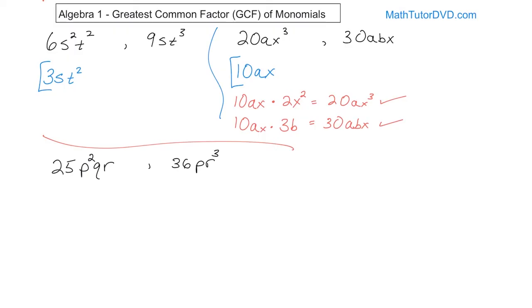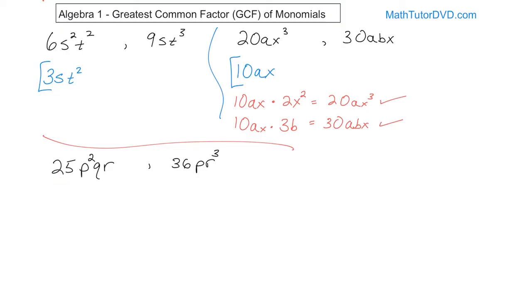Now this one's a little bit weird, that's why I'm bringing it up. You try to look for a greatest common factor here, and you really can't find one, because the factors of 25 are things like 5, but nothing I can pick that's going to multiply to give me 25 will also be able to be multiplied by something to give me 36. So really, the number 1 is the greatest common factor.